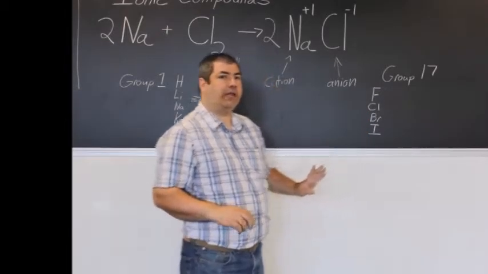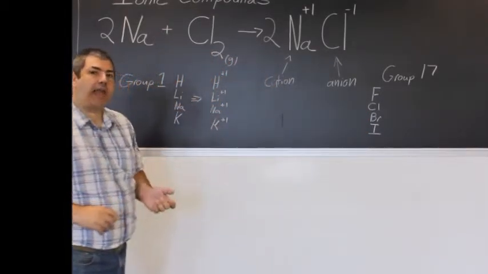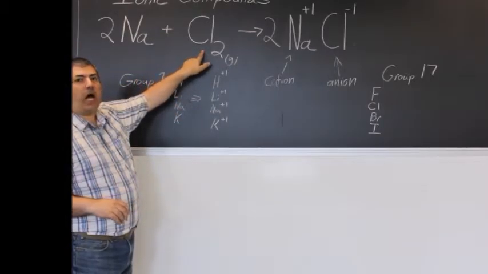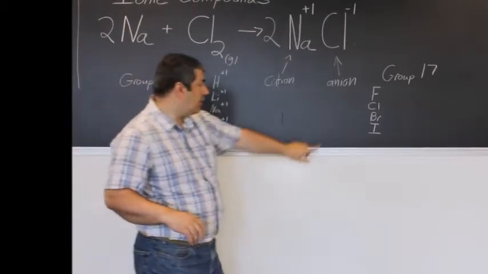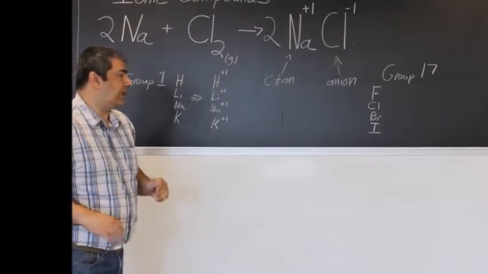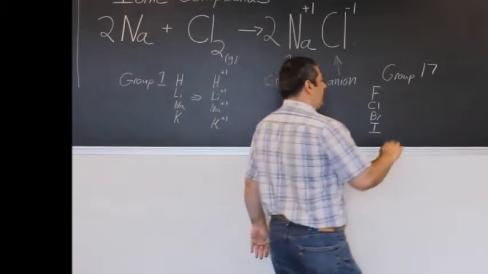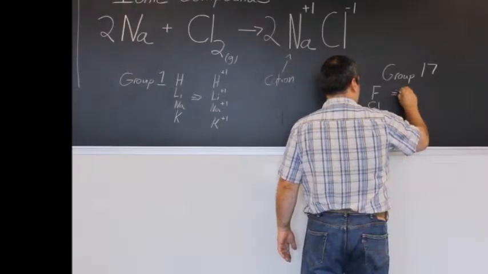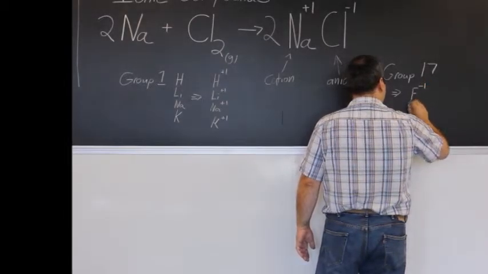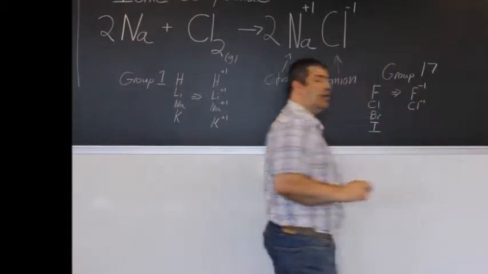What we'll see a little bit later on in class is that's not how they exist in the real world. They actually exist as diatomic species. But right now I'm going to write the elements the way they're shown on the periodic table. And again, we'll get to the subtle differences of why that's not always how we experience the element in the real world.